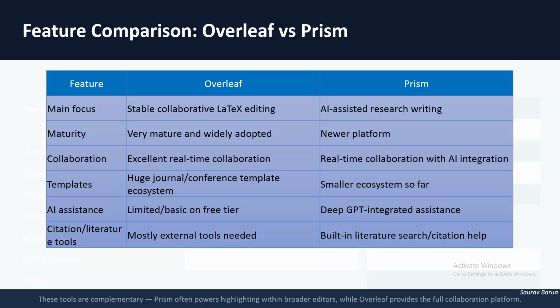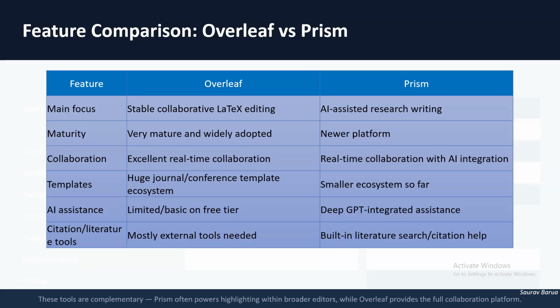And if we go through the feature comparison between Overleaf and Prism, the main focus of Overleaf is stable collaboration. However, Prism is AI-assisted research writing. Overleaf is old, mature, and widely adopted. However, Prism is a very new platform. Overleaf supports real-time collaboration. However, Prism is real-time but is integrated with AI. There are huge journal and conference templates available in Overleaf.